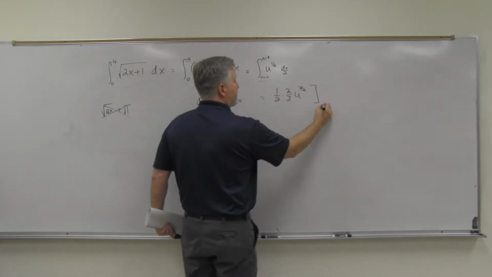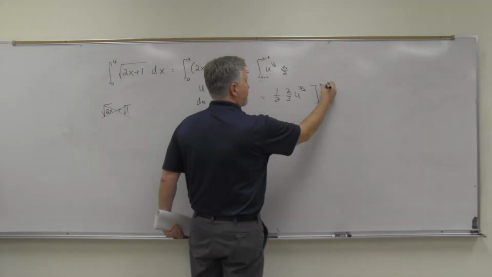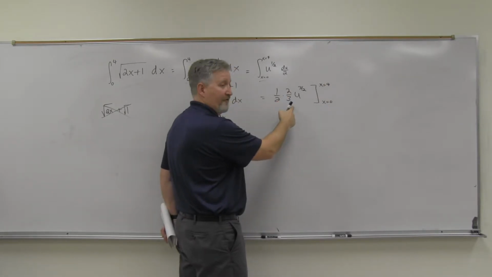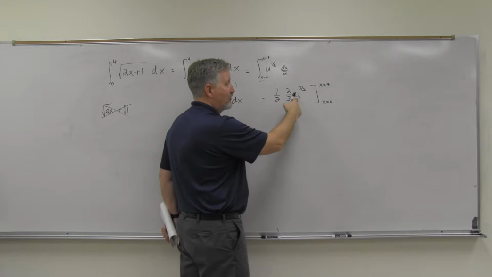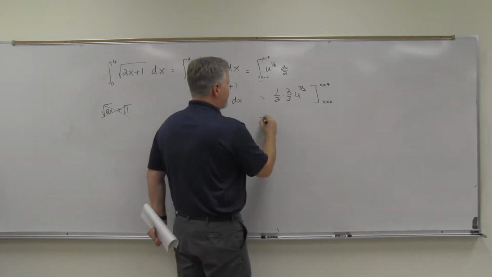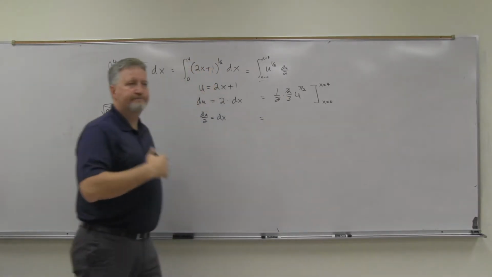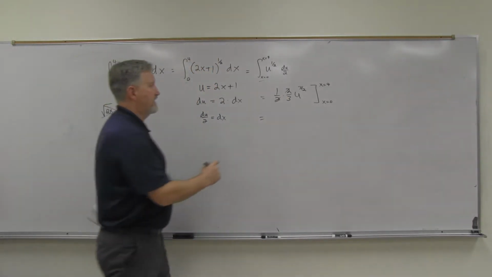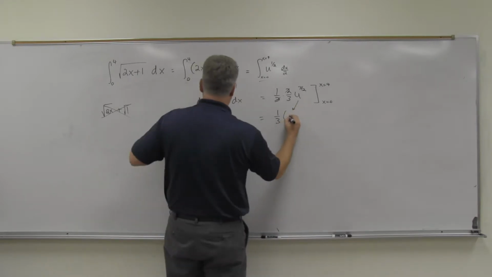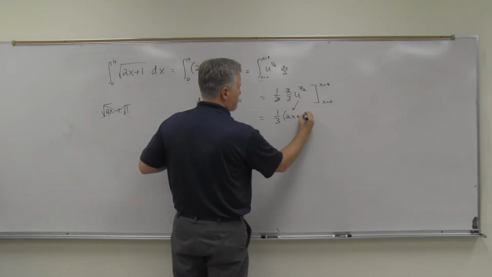However, again, these limits are in terms of x, so can I substitute them yet into that? No. That's still u. These limits are in x, so if we do it this way, we still need to change that back to x's. The 2's cancel. Change that back to x's, which is 2x plus 1 to the 3/2.